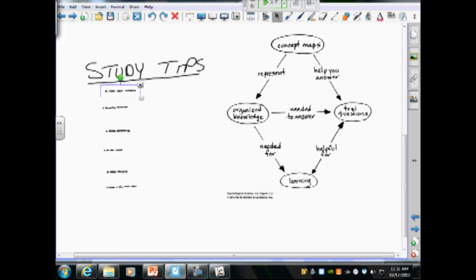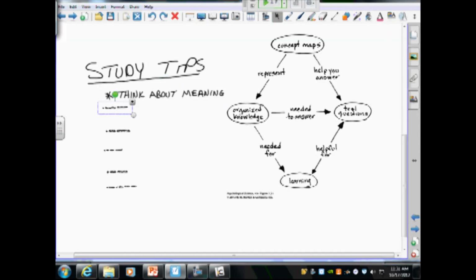So, in terms of studying and memory, think about what things mean. Not just what they are, not what the definition is, but how things relate to each other. In the last chapter, we talked about different types of learning. Contrasting them to each other, you learn more about each of them. So think about meaning.